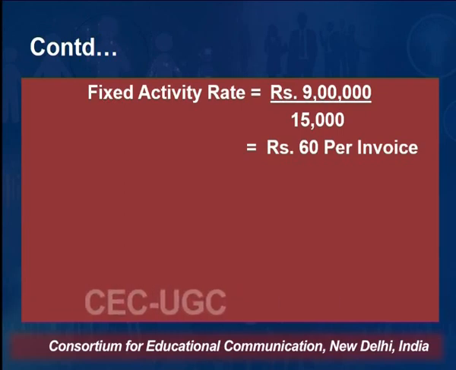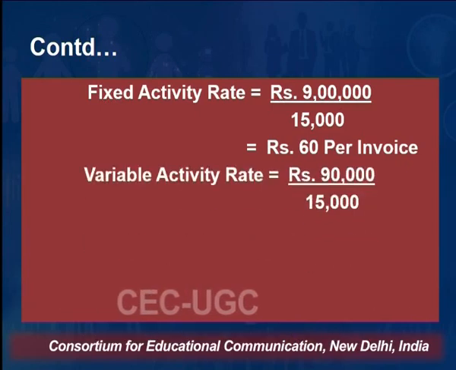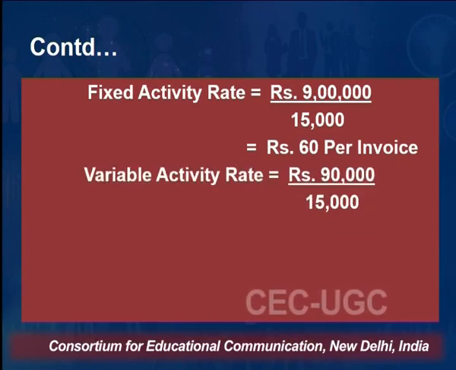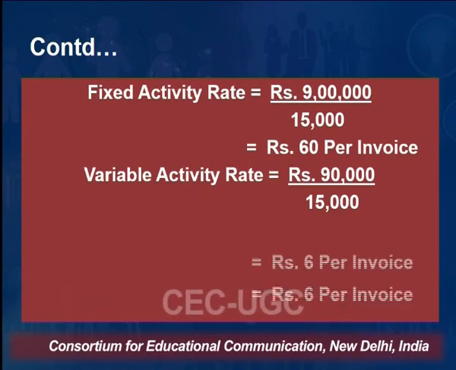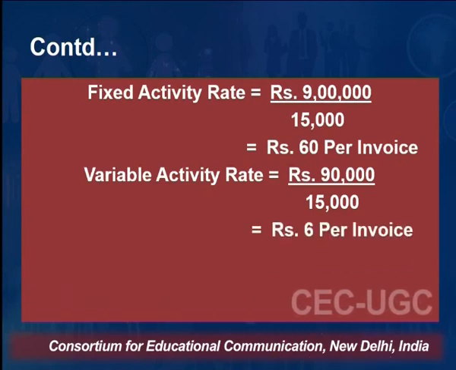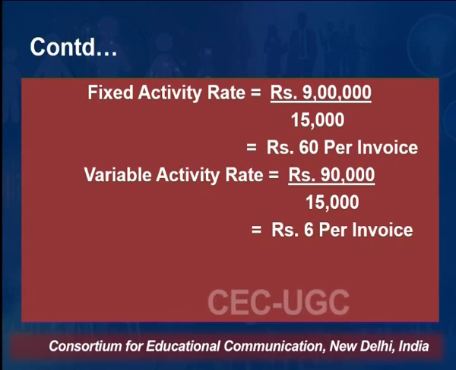So 9 lakh divided by 15,000 will give me the fixed activity rate, which is rupees 60 per invoice. After this, I'll calculate the variable activity rate, and it is nothing but variable cost divided by the number of invoices to be processed. So 90,000 rupees was the cost, and divided by 15,000, it will give me a value of rupees 6. So out of 66, if you ask me about segregation, the fixed activity rate is rupees 60 per invoice and the variable activity rate is rupees 6 per invoice.